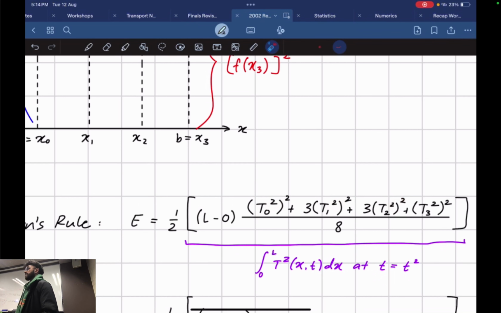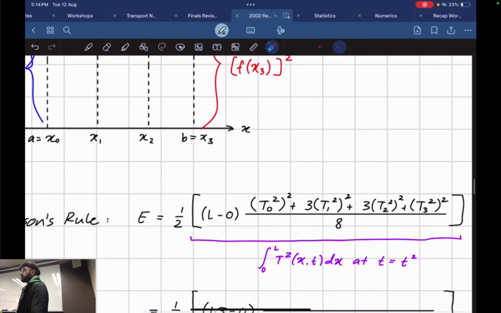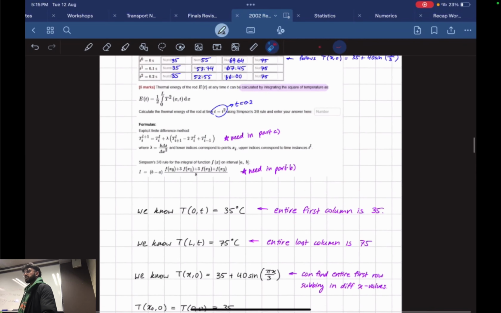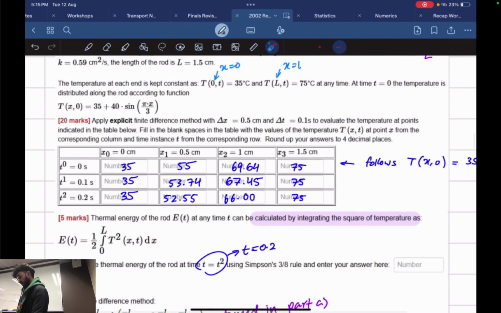If it was t equals 0.1, you'd use the second row instead of the third row. In this question we have to use the third row. But if they said t equals t1, which is 0.1 seconds, we'd use the second row. So these are the temperatures at t equals t2. We're going to square them and add them together.